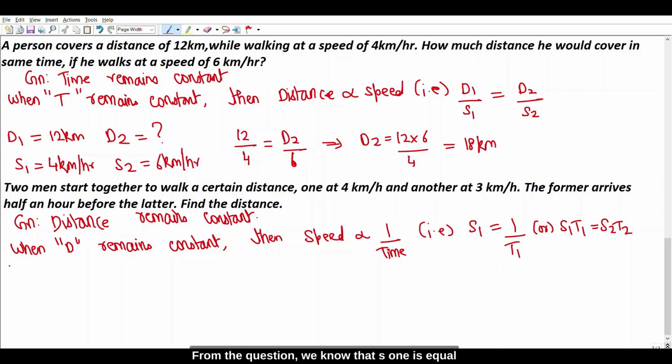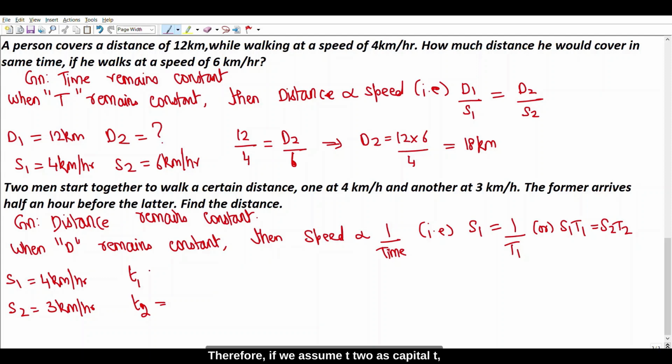From the question, we know that S1 is equal to 4 km per hour, S2 is equal to 3 km per hour, and we know that time T1, T2. Here T2 is given in relation with T1, that is T1 arrives half an hour before the latter.